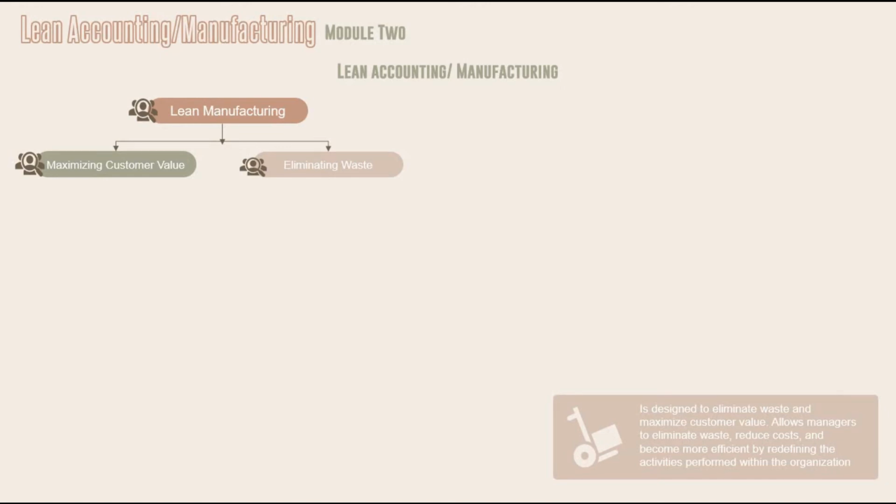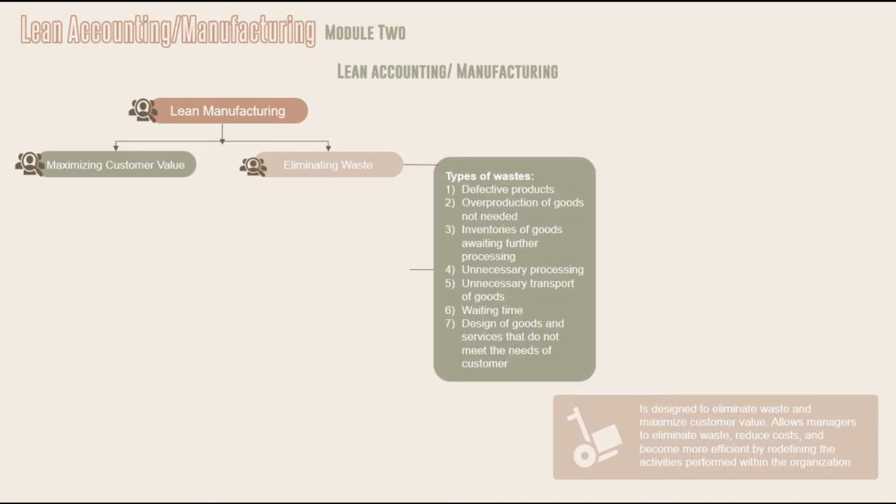There are different types of waste that are considered in lean manufacturing, and it commonly include the following. Number 1, defective products. Number 2, overproduction of goods not needed. Number 3, inventories of goods awaiting further processing. Number 4, unnecessary processing.